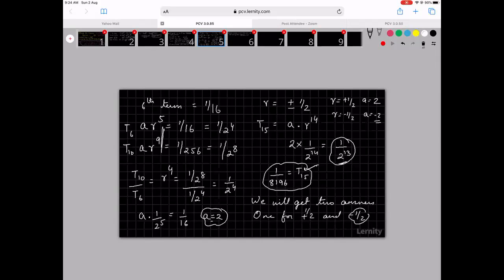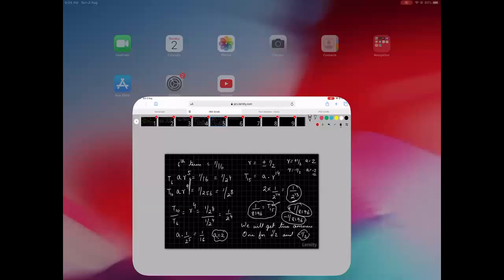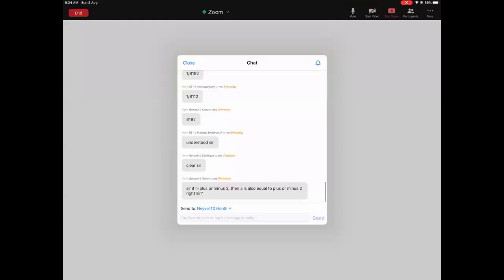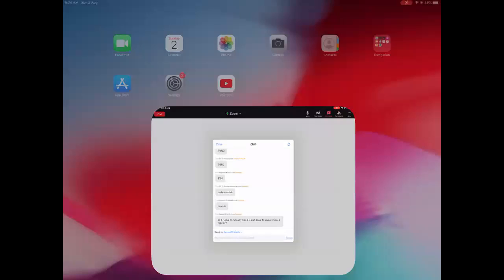So in which case the answer will be plus 1 by 8196 or minus 1 by 8196. Both are acceptable. This is also true and this is also true. Okay, Harith. Yeah.